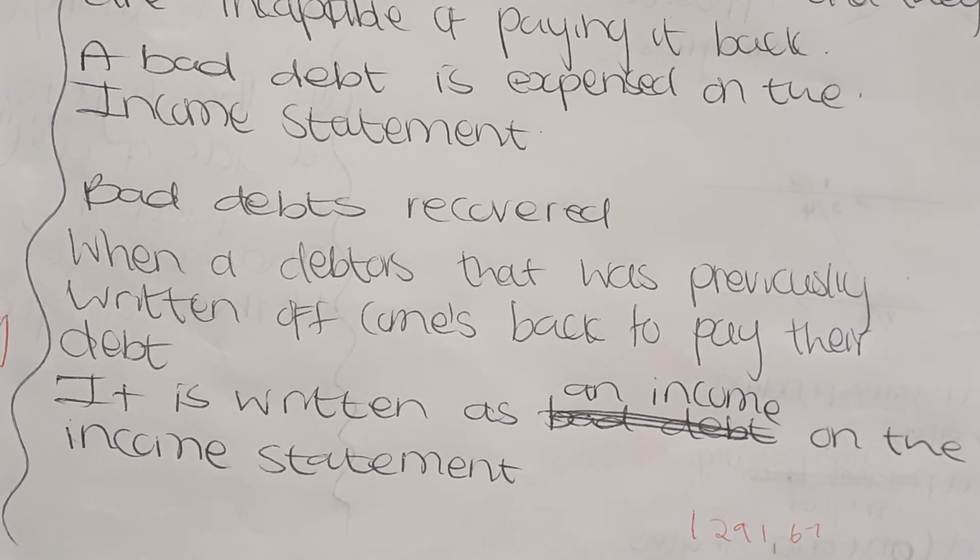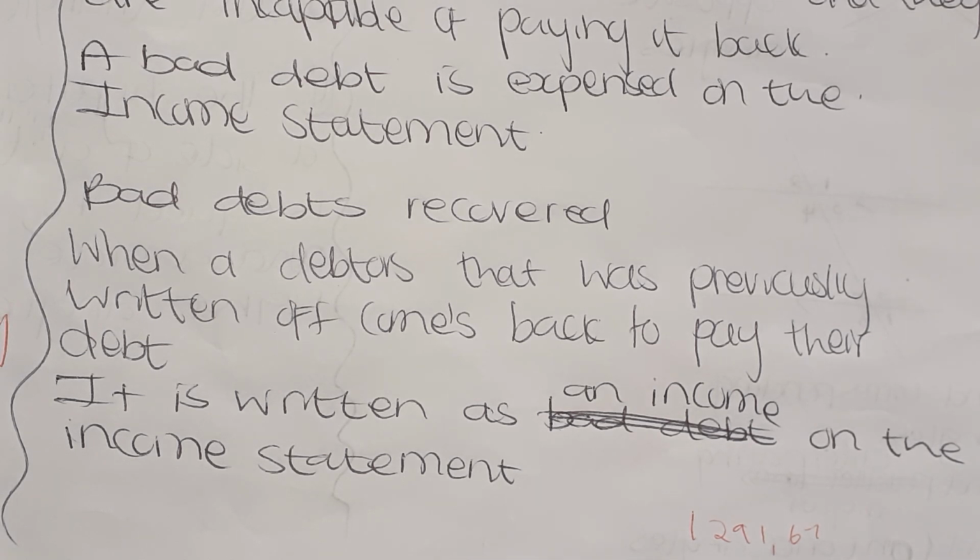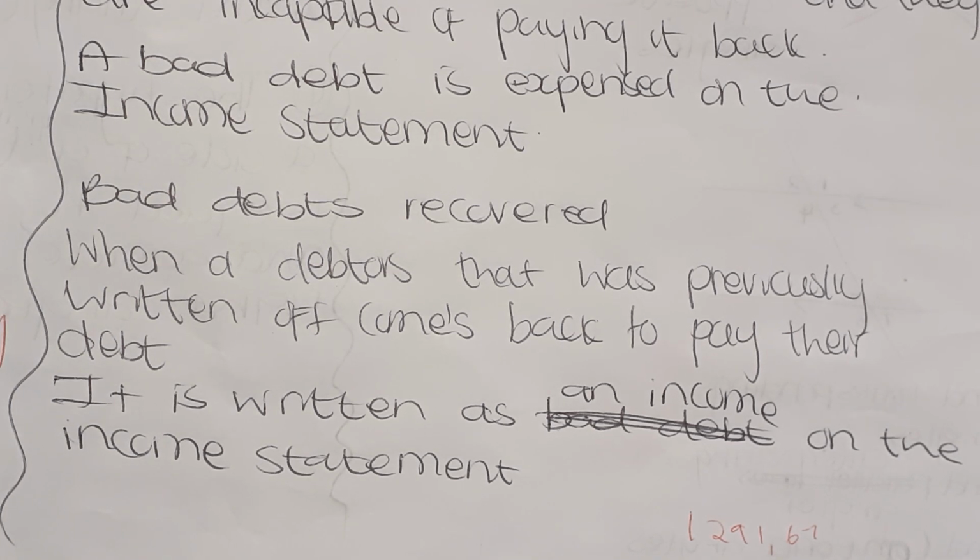It will now be a bad debt recovered. It's now under other income on the income statement. Yes, other income in the income statement, not the bank statement, sorry. That's where you write your bad debts recovered.